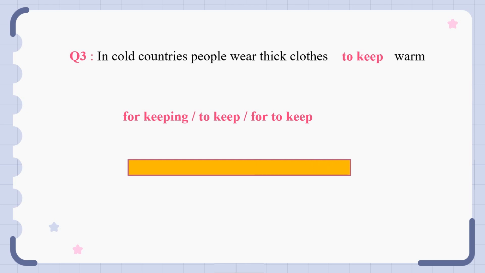The answer is to keep. In cold countries, people wear thick clothes to keep warm. Why? Because both for and to are used for a purpose. However, we need for to express the use of something, like machine. For instance, we say this machine is for cooking.